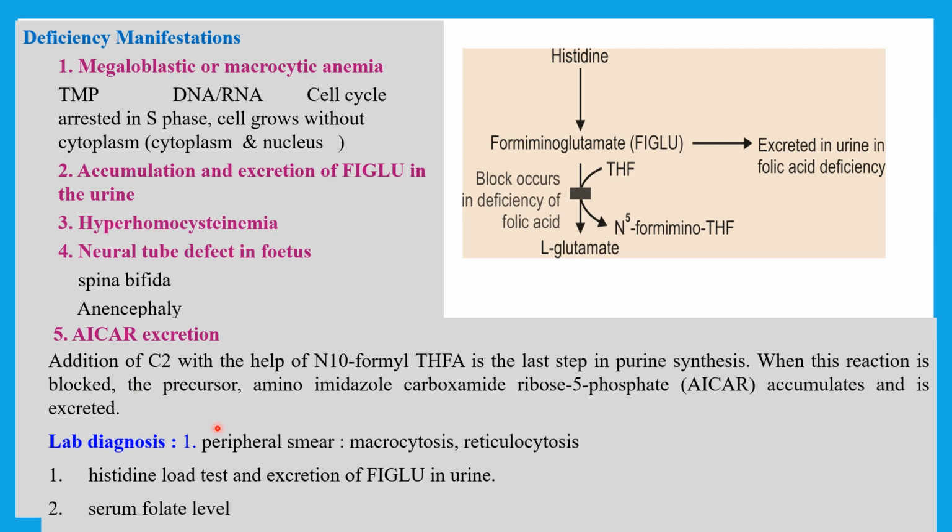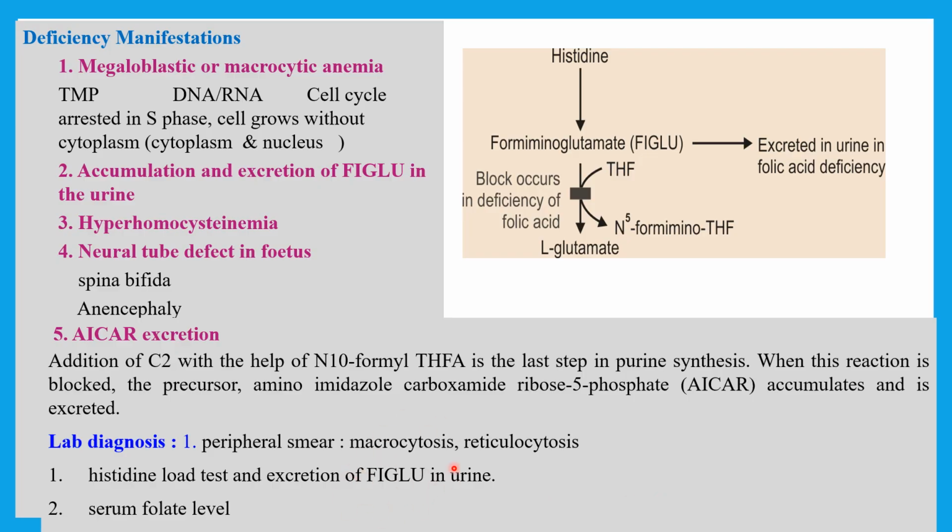Diagnosis can be done on the basis of the peripheral smear, macrocytosis and reticulocytosis, which is an abnormal number of immature RBCs. Second is the histidine load test and excretion of FIGLU in urine, because FIGLU is not able to be converted into L-glutamate in the absence of tetrahydrofolate.